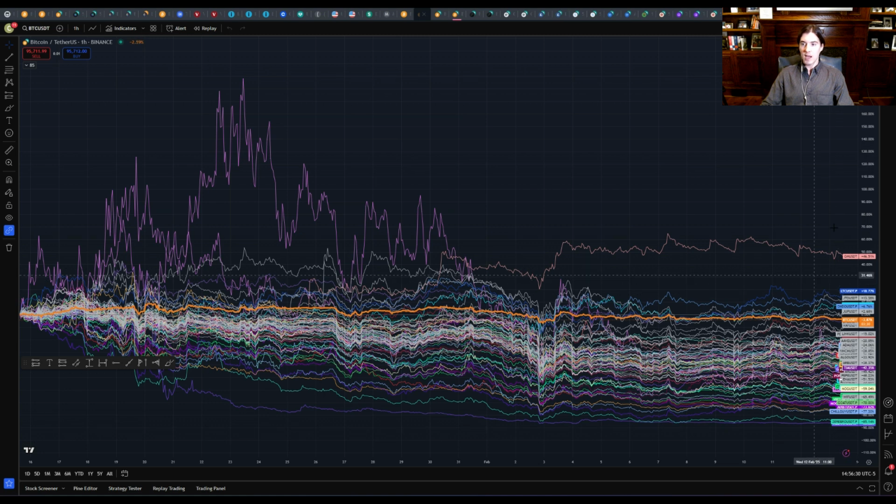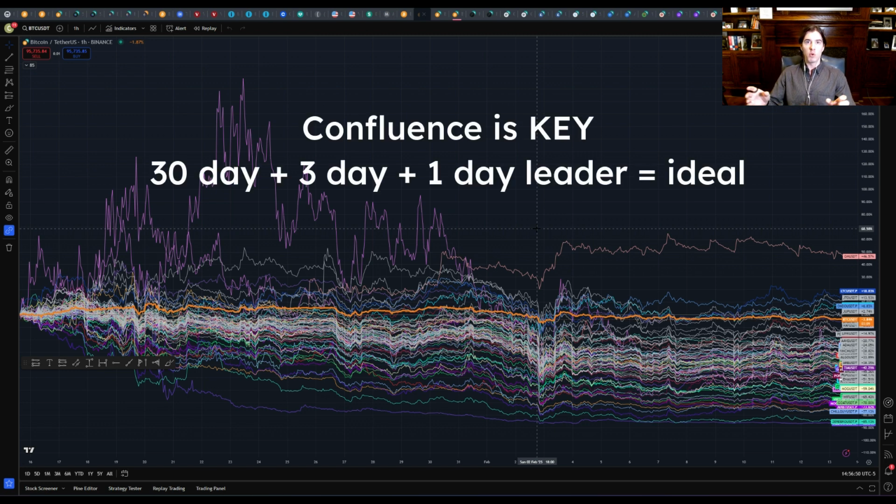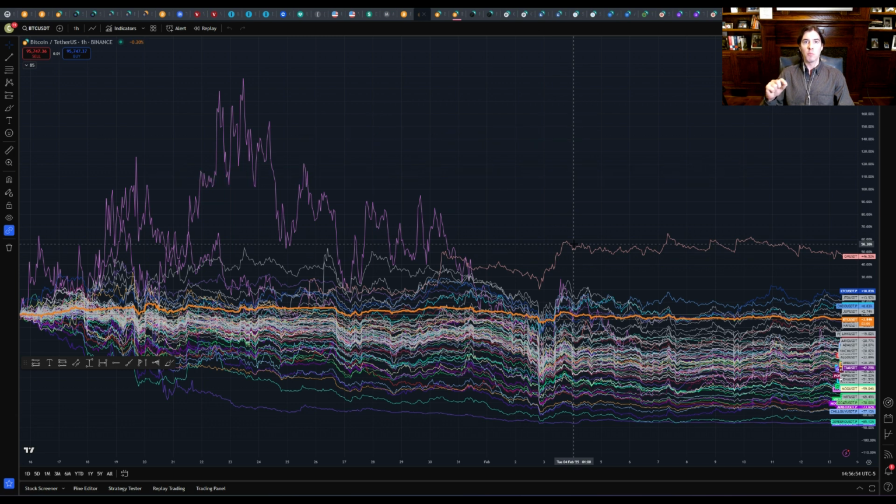I look at the top performers as essentially long candidates, and I look at the bottom performers as either short opportunities or simply just things that I don't want to touch at all. And the reason I look at multiple different timeframes, 30-day, 3-day, 1-day, is because I'm looking for which tokens overlap across all of those, or at least more than one of them, because that means it's consistently strong over multiple timeframes, which is a positive.